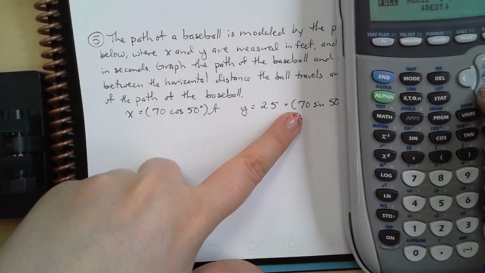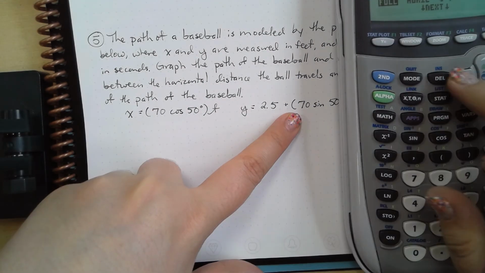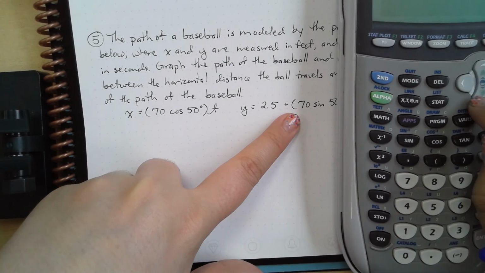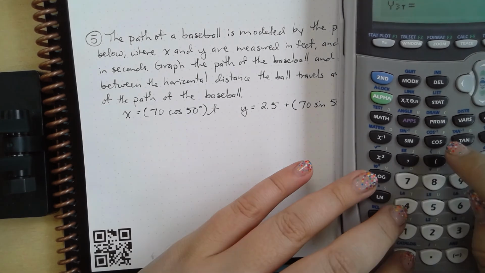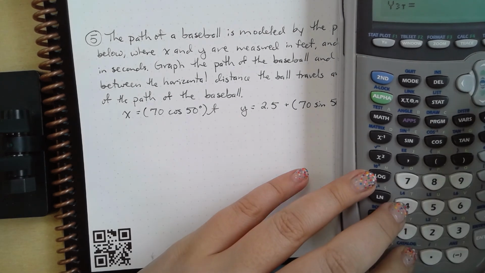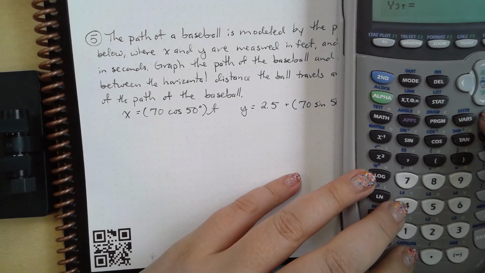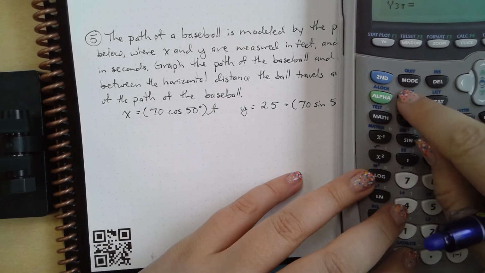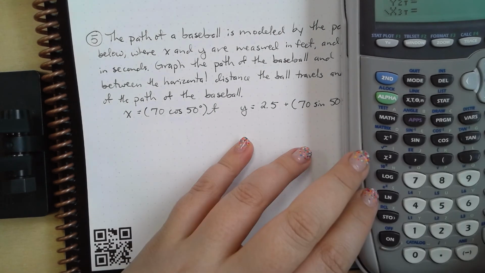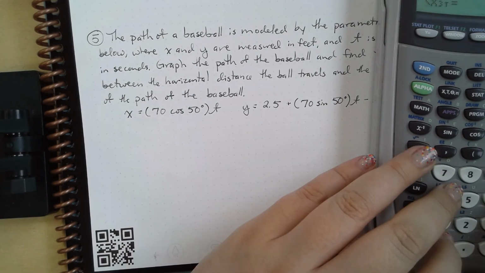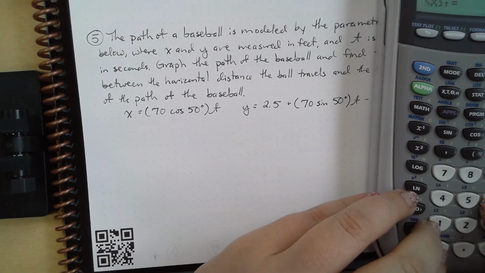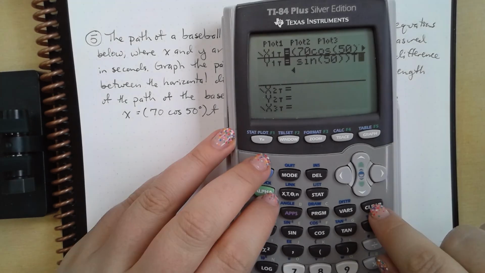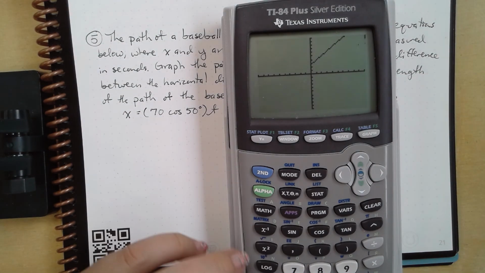Okay. Go to y equals here. So I will have 70 cosine of 50 t. And I'll have 2.5 plus 70 sine of 50 t. All right, let's graph that. Ugh, so weird looking. I think I need to adjust my window here.